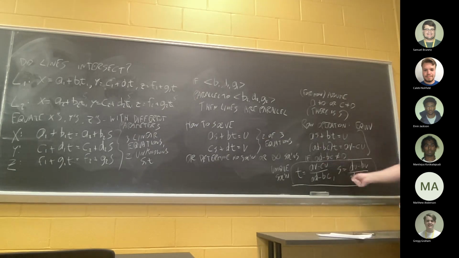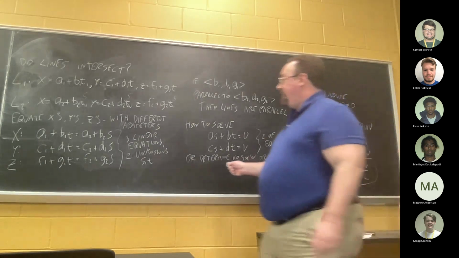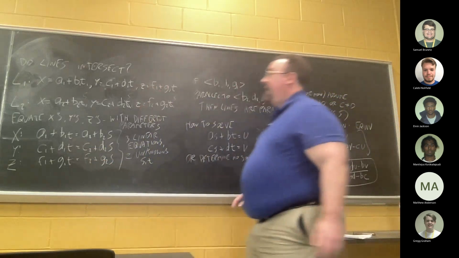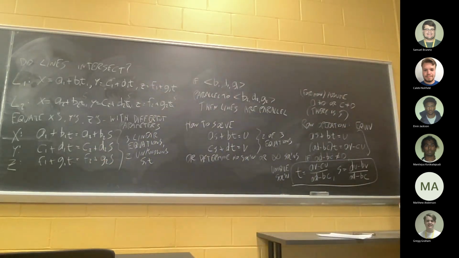So I would plug these two values of t and s into the third equation. And if that equation is also satisfied by these t and s values, then you're done and the lines intersect. Otherwise, they're skew. The actual algebra for working this out is given in the notes.